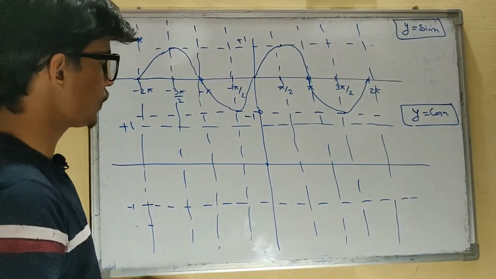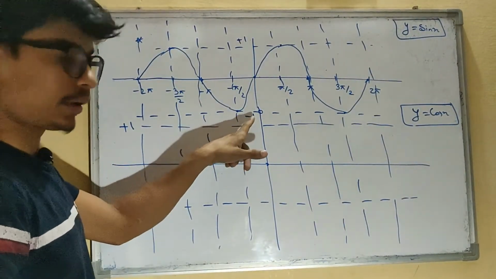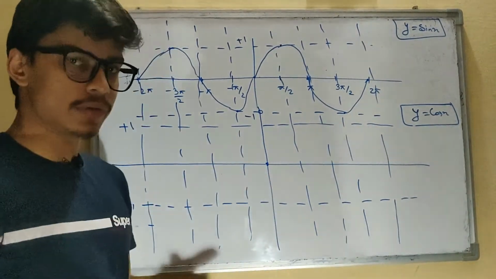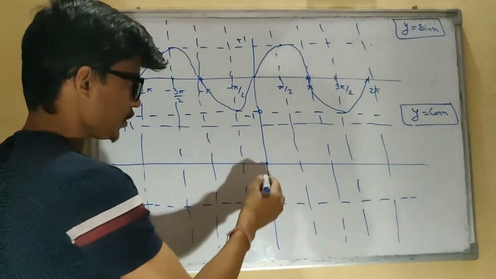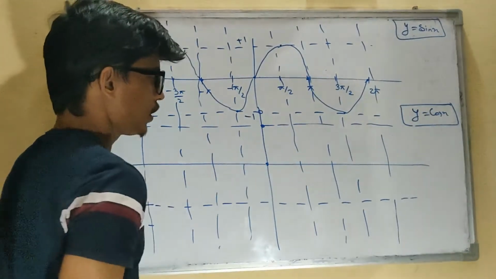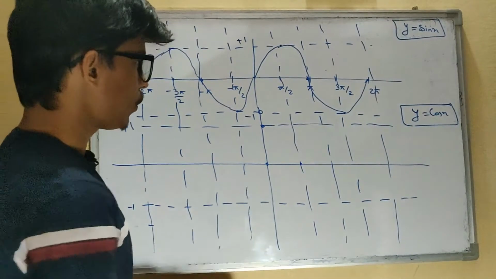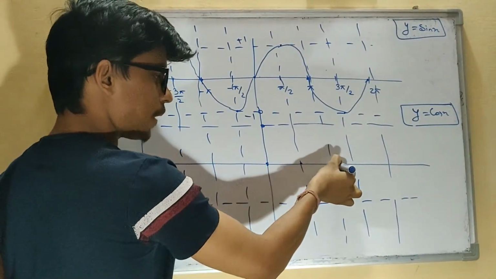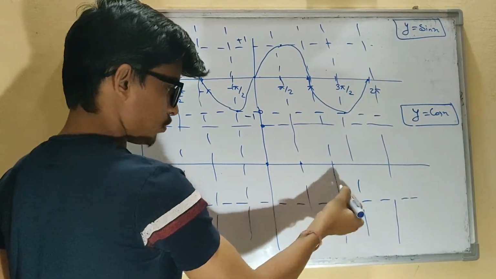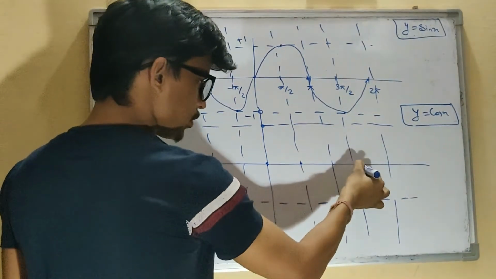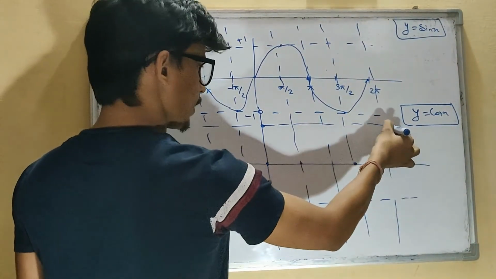Yeah, so this is 0, and cos 0 is 1. You know that cos 0 is 1, so that is going to be over here. Now cos pi by 2 is 0, so it is going to be there. And now cos pi is -1, so it is going to be here. And cos 3 pi by 2 is 0 again, and cos 2 pi is 1 again, right?